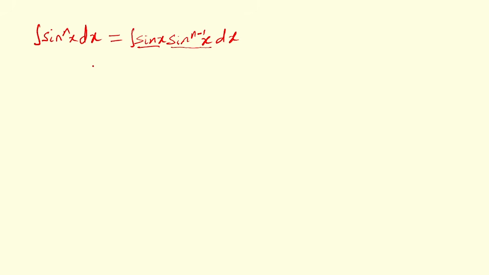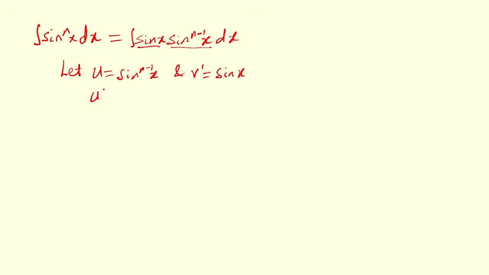Using integration by parts, let's represent u as sine raised to n minus 1 x, and v prime as sine x.